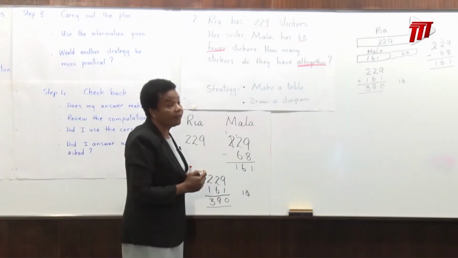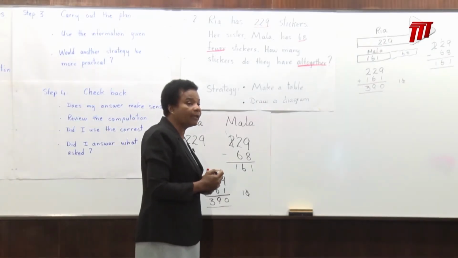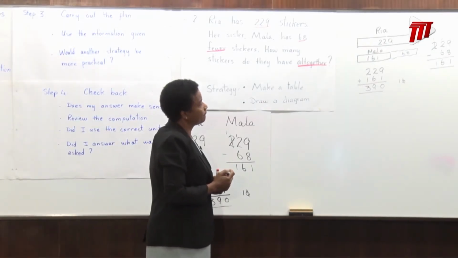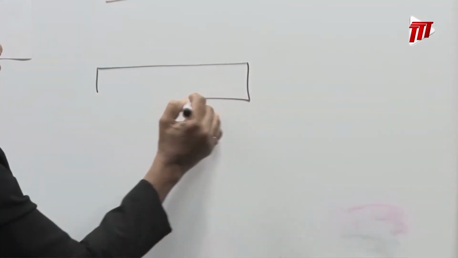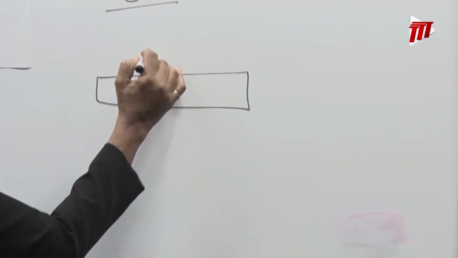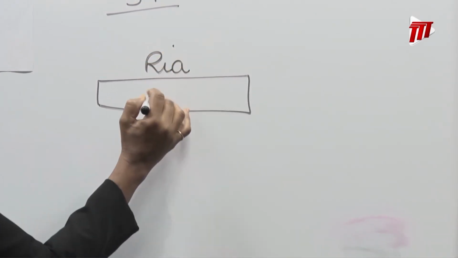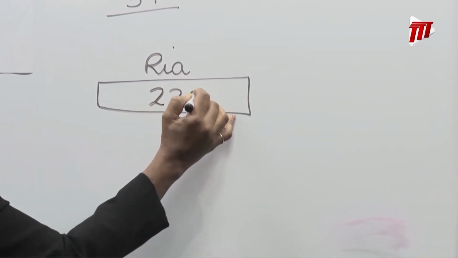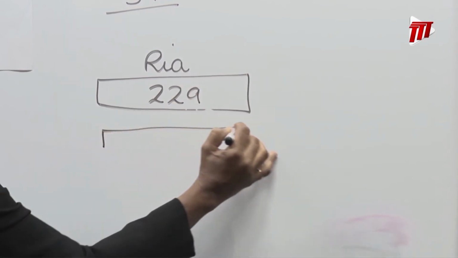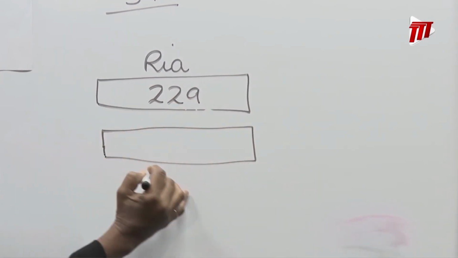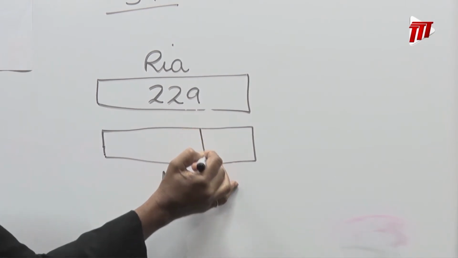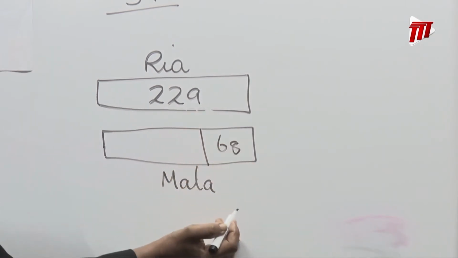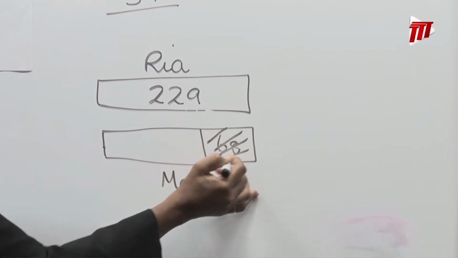Can you think of another method of solving the same problem? Let's see. What if we drew Rhea 229 and drew 229 to represent Marla, but take off 68. So I'm going to remove that 68.